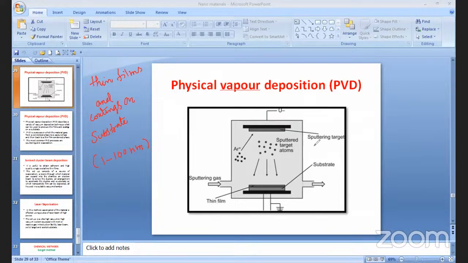This is the target, and here we have the substrate. So it will be deposited on the target surface.